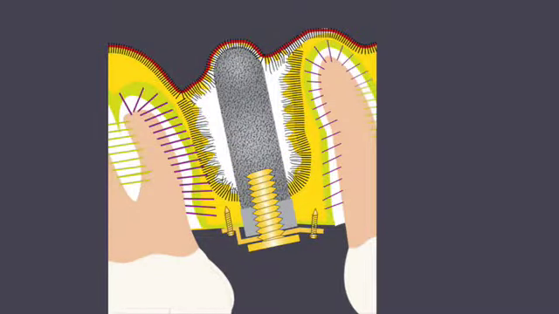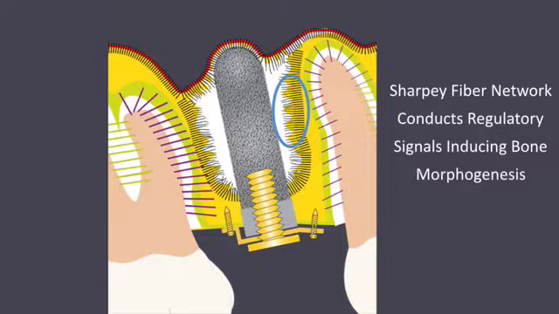In response to the fiber extension, the bone at the wall of the chamber begins to creep forward along the path that has been established by the Sharpey's fiber network. So as the fibers grow towards the middle of the chamber, bone follows behind.